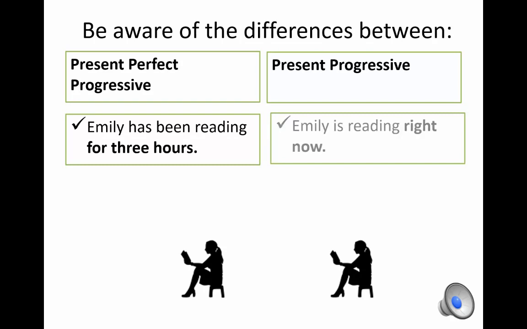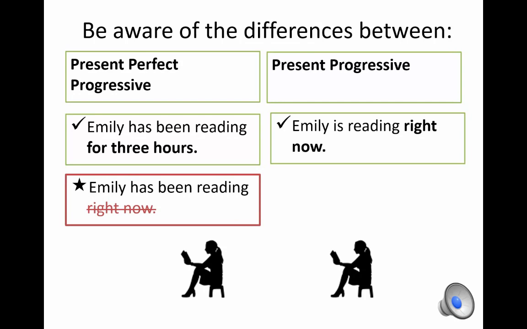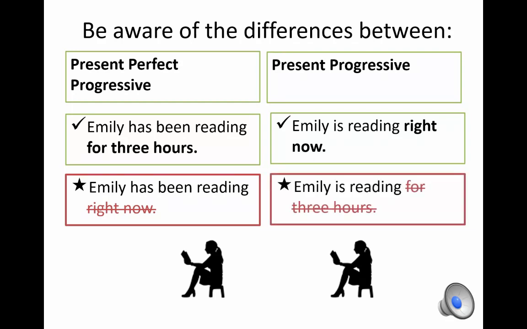We can also say, Emily is reading right now. However, we cannot use the present perfect progressive with right now. It is wrong to say, Emily has been reading right now. And we can't use the present progressive to show duration. So it's impossible to say Emily is reading for 3 hours.